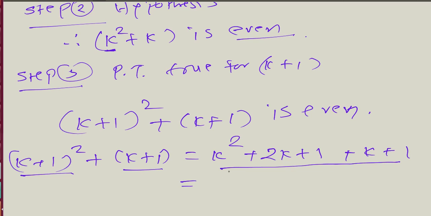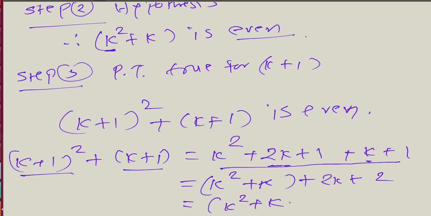Now I'll write k² + k together as one term, and the remaining terms 2k plus 1 plus 1 is 2. So plus 2k + 2, which is equal to k² + k + 2(k+1).